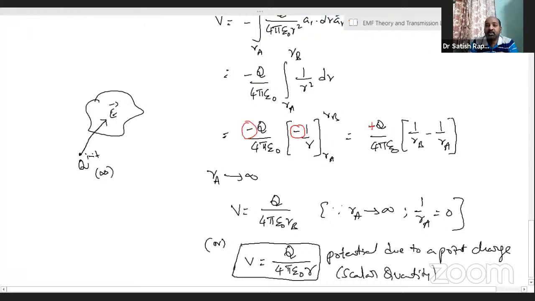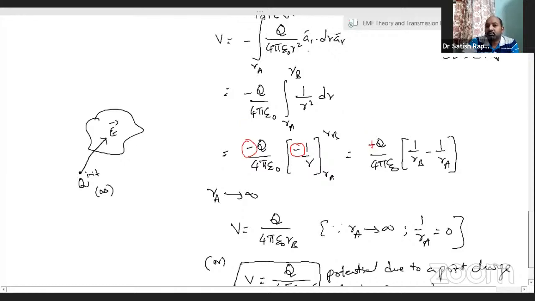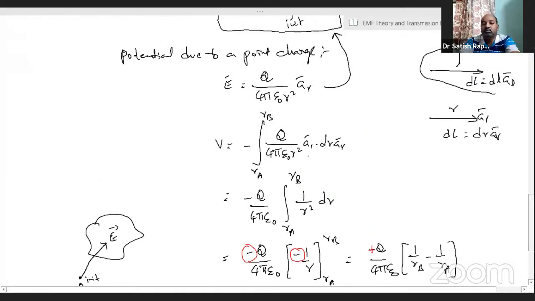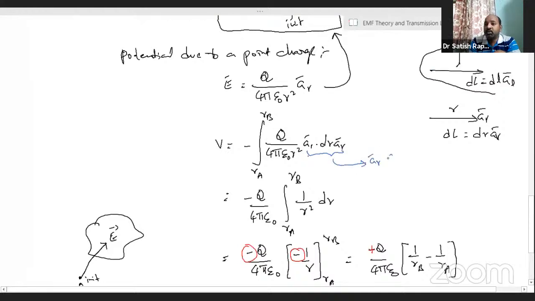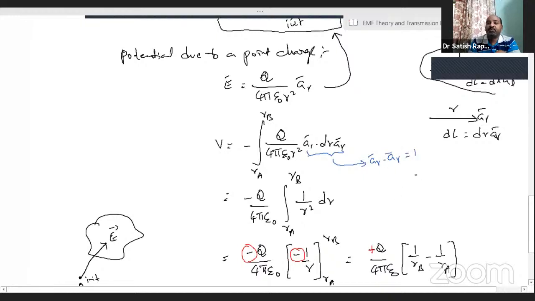Here at this point, a bar dot a bar is equal to 1.